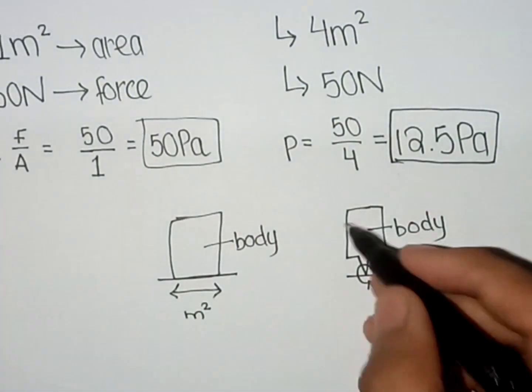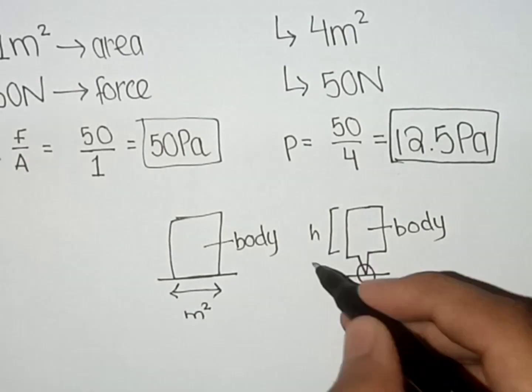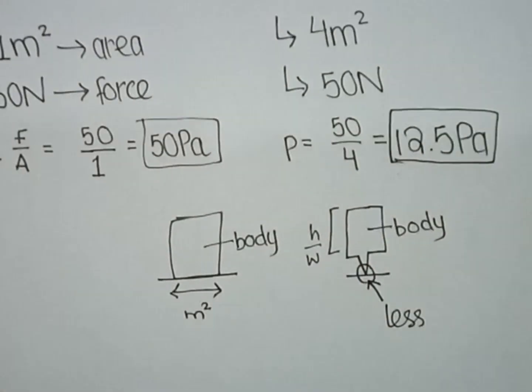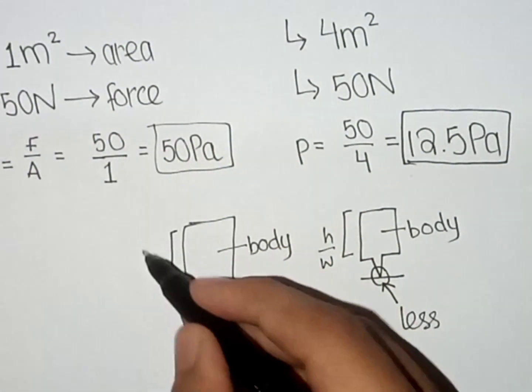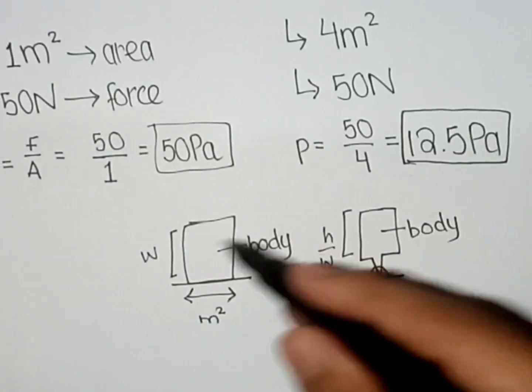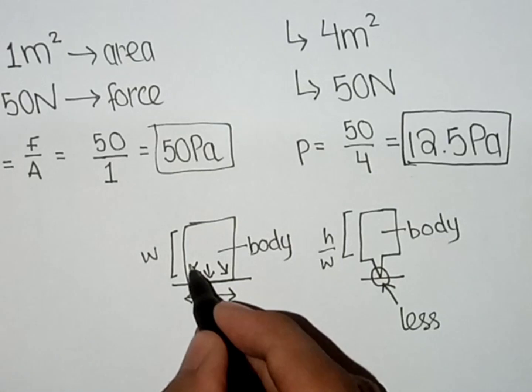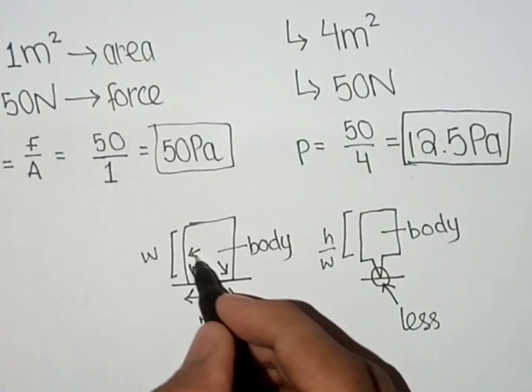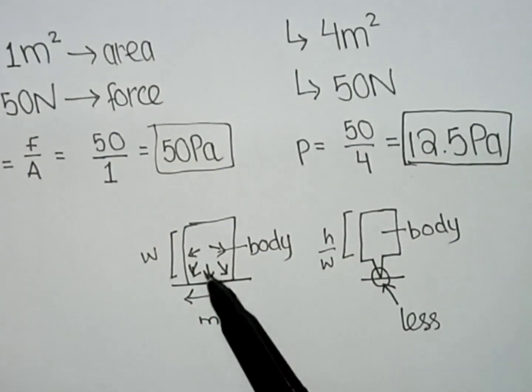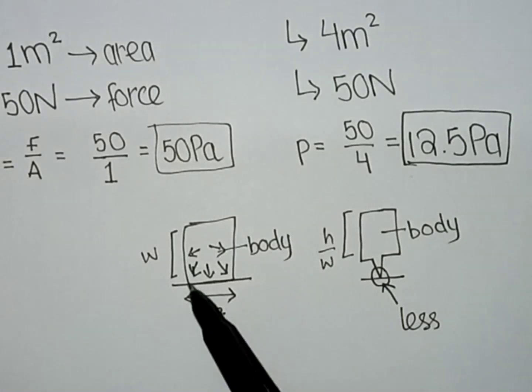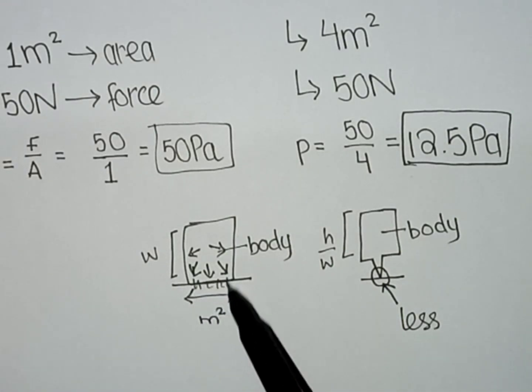As the body has its weight, the weight is distributed in many parts. You are understanding that the force is distributed in many parts. That's why each area takes a share of the force, and that's why the pressure is less here.